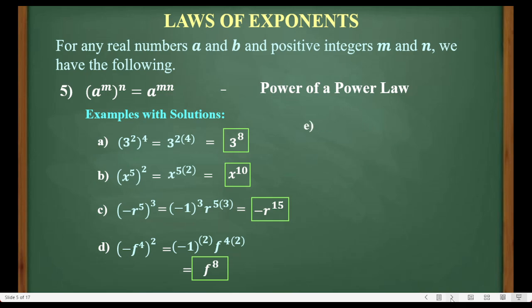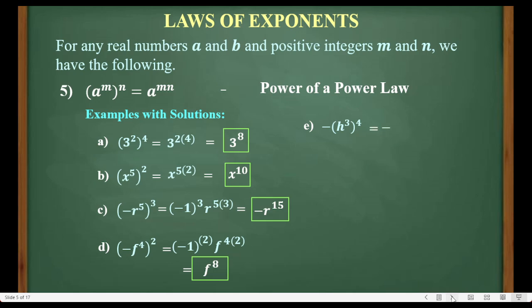Next, we go to the fifth, or letter E. How about this one? This time, the negative is outside of the parenthesis. Negative of (h cubed) raised to the fourth power. Since the negative is not affected by the exponent, because it is outside the parenthesis, the answer is still preceded by a negative sign.